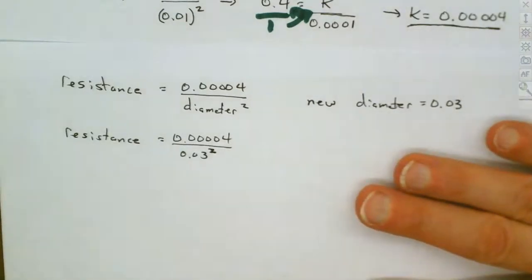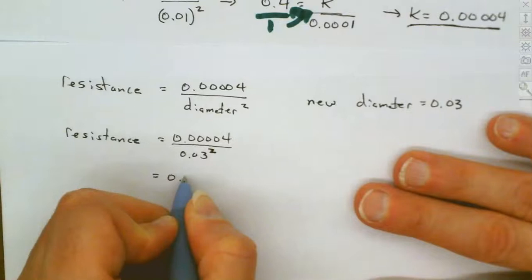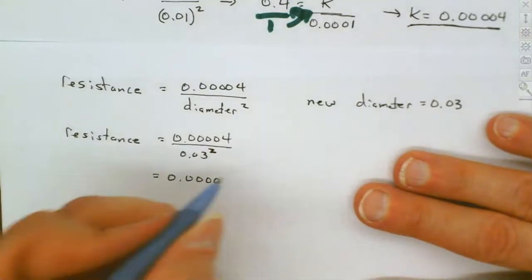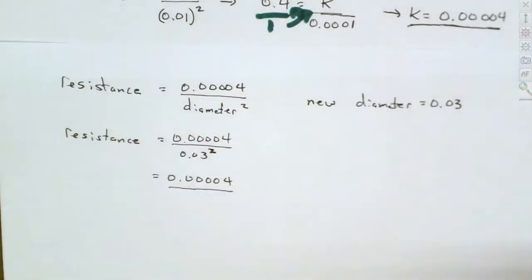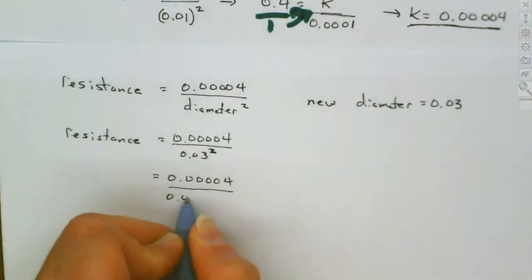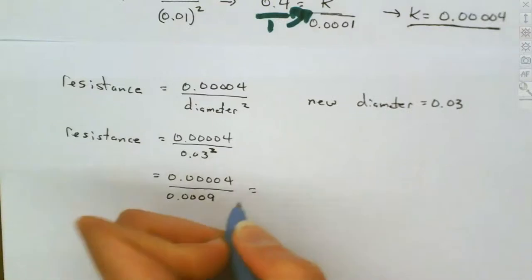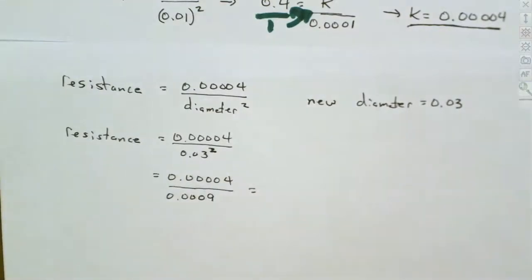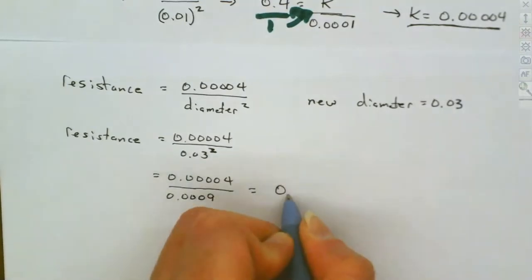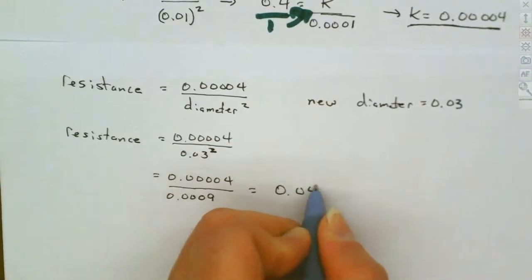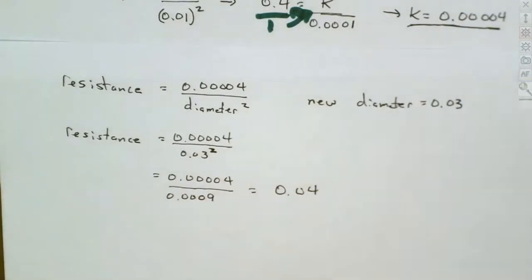So let's go ahead now and work it out. So I have 0.00004 over, I have to square that. So 0.03, we've got to square it. That is 0.0009. And we'll go ahead and divide those out. And then that comes out to be 0. How far does it say to round? Let's see.